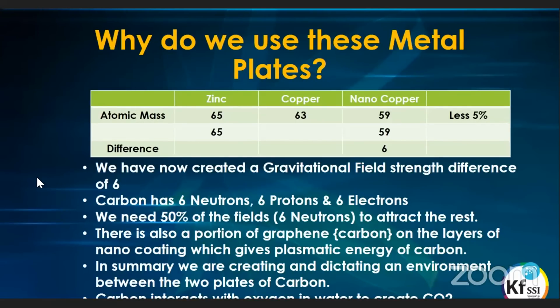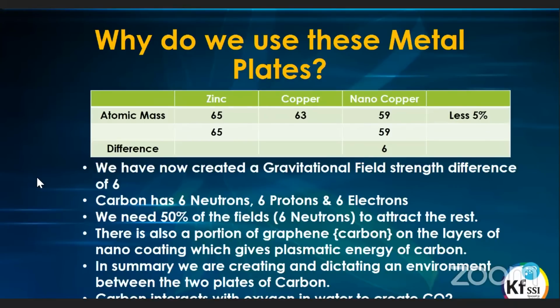Okay, so now we just have to look at understanding why we're using these particular metal plates. When we look at the atomic mass of zinc, it's around 65. And the atomic mass of copper is around 63, as you can see on the periodic table.